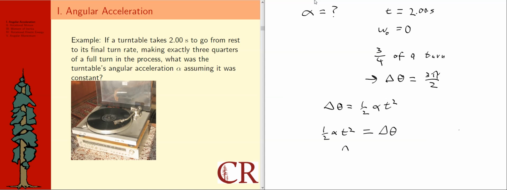If I multiply both sides by 2, and then divide by t squared on both sides, I would get alpha is equal to 2 delta theta over t squared, which would be equal to 2 times 3 pi over 2, and then for t squared, I'd put in that 2 seconds and square that.